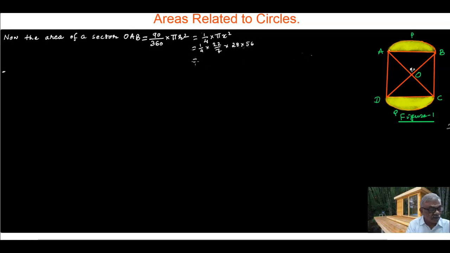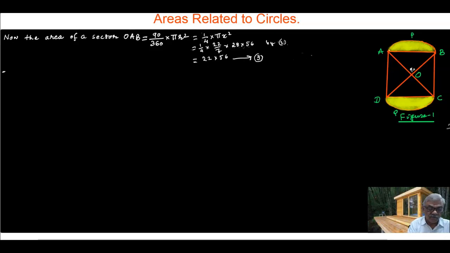That equals 22 into 56, because 4 sevens are 28, so the 28s get cancelled, leaving 22 into 56. Let me call it equation number 3.